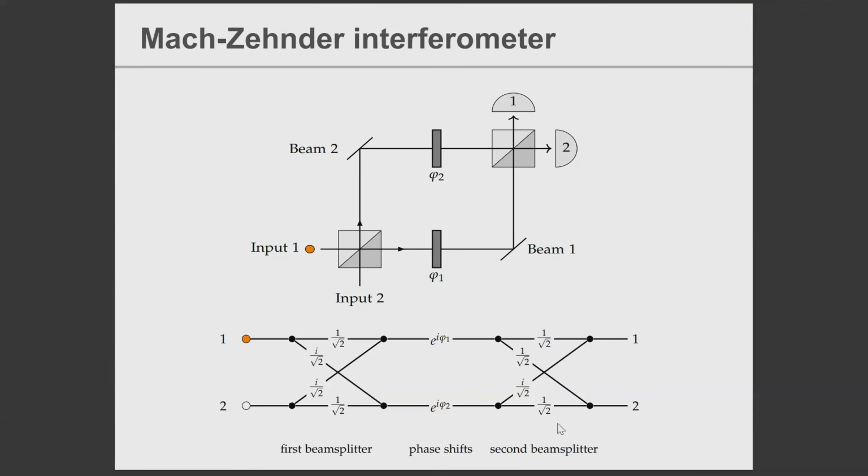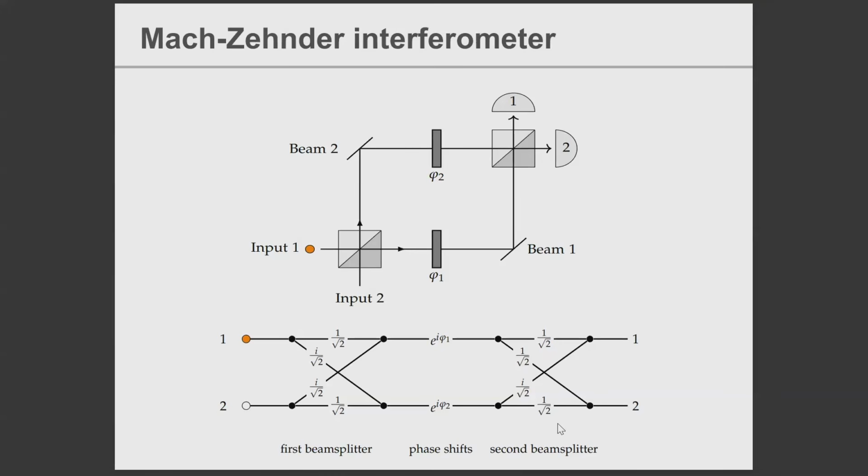The first important component of this quantum interference is this first beam splitter. The first beam splitter has a role. It just prepares quantum interference. It opens quantum interference. It just generates two possible paths for the photon. In order to have quantum interference, we need at least two paths.